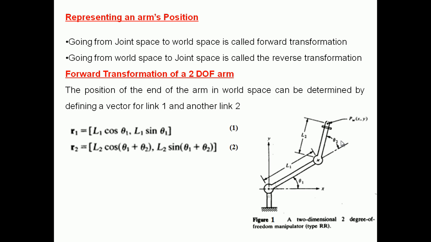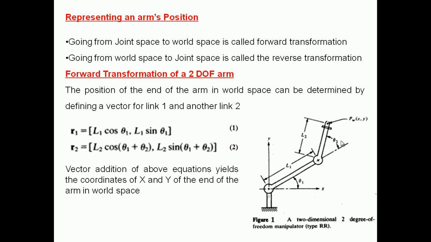I am taking here R1, the end of link 1, which has an angle of θ1 with respect to the x-axis. It gives the x, y coordinates as L1 cos θ1 and L1 sin θ1. Similarly, taking R2, at the end of link 2 from the origin, it will be L2 cos(θ1 + θ2) and L2 sin(θ1 + θ2). This gives the value of x, y.